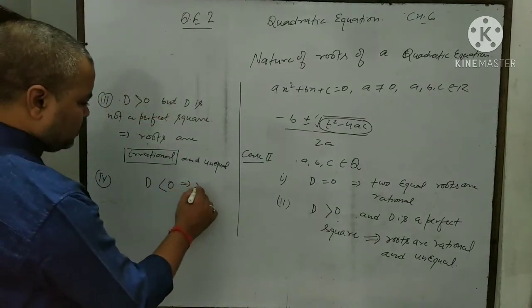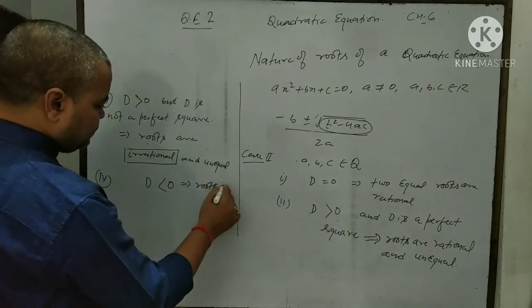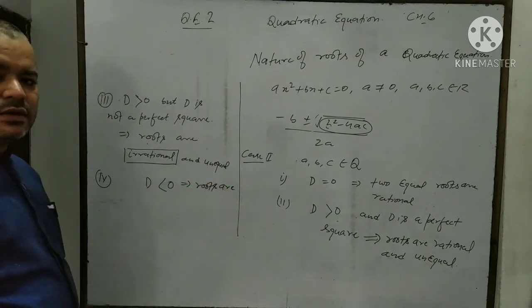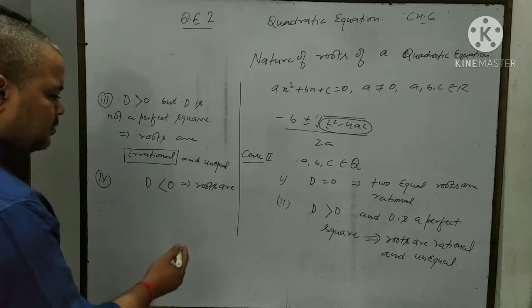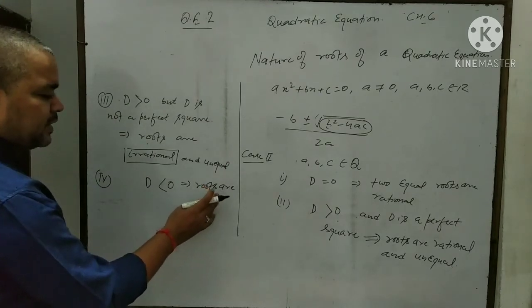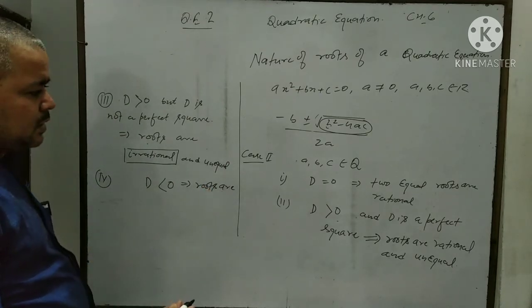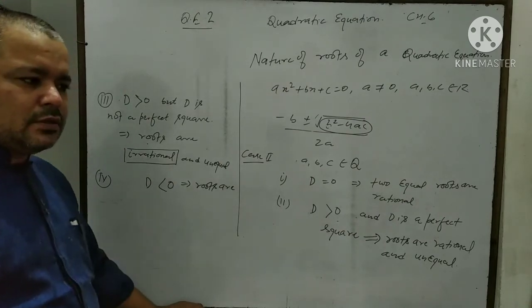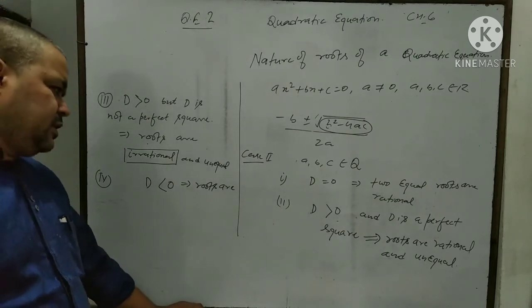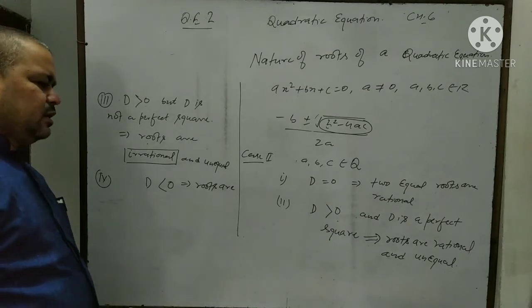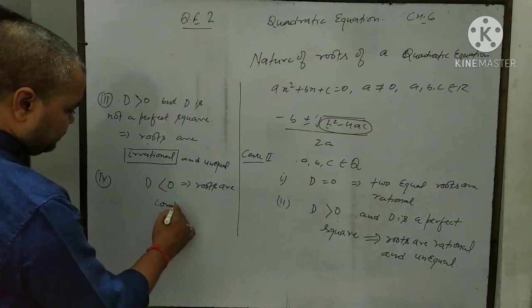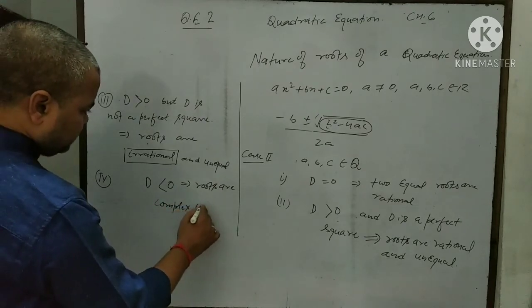In this case roots are not real, so they will be complex numbers, and there will be two roots and both roots will be conjugate to each other. Therefore we can write here roots are complex conjugate.